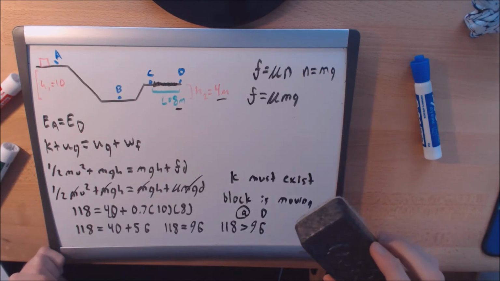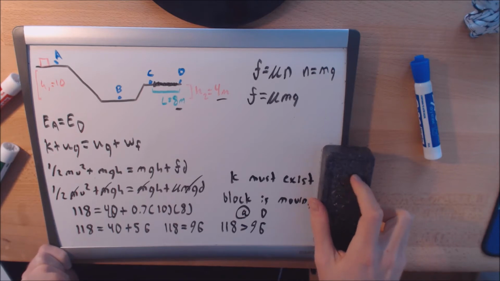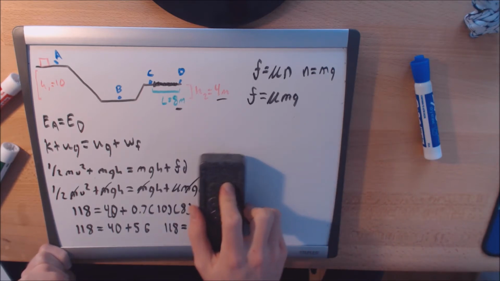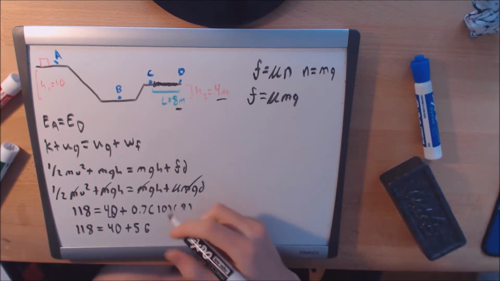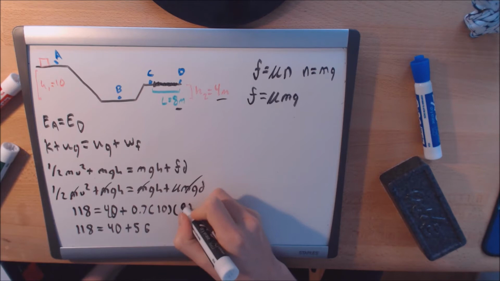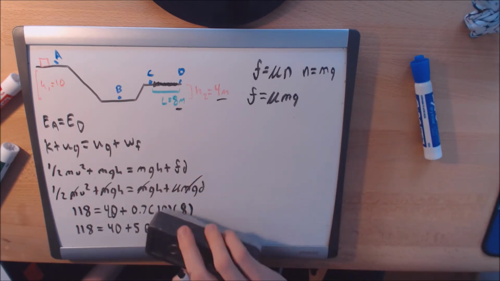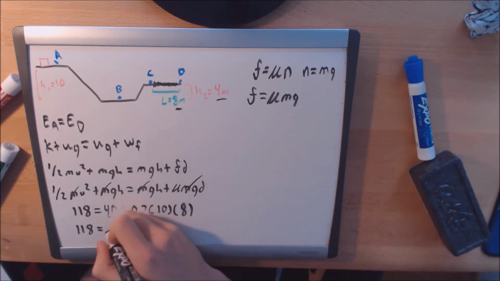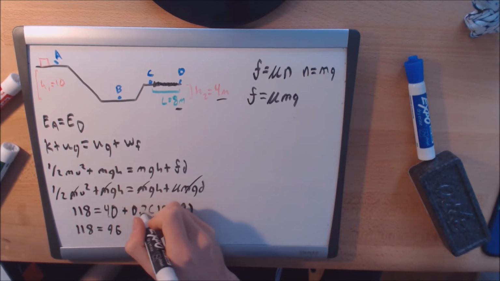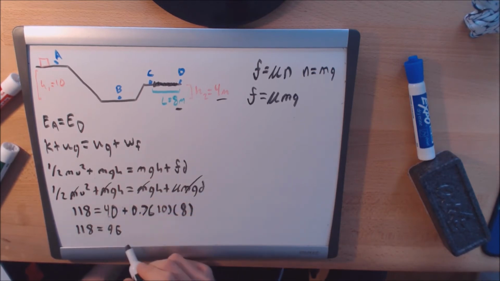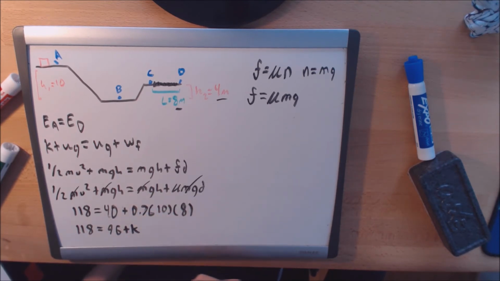Next thing we want to do is actually find out how fast is the block moving at D. So for this, we're going to use our same setup as we did before, but we can just leave it at this end step. 118 equals 96 plus k. So we know that our k exists now.